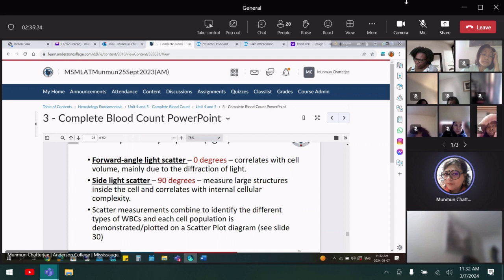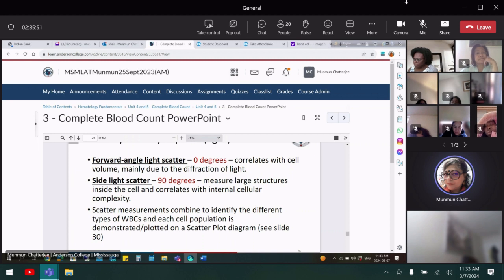So when light scatters from the forward angle, that is the 0°, it helps you to measure the volume of the cell. That means the morphology, whether it's big or small. But more important is when the light is scattered from the side, it's called the side lateral scatter, and it's a 90° angle.